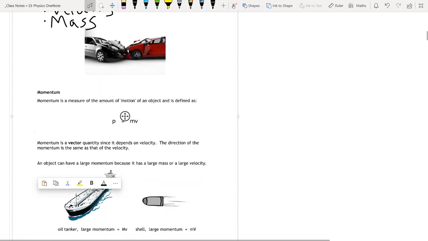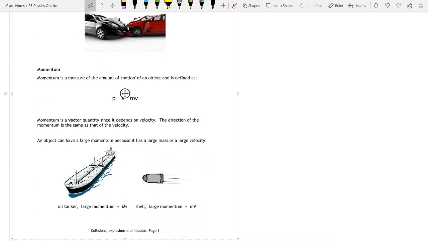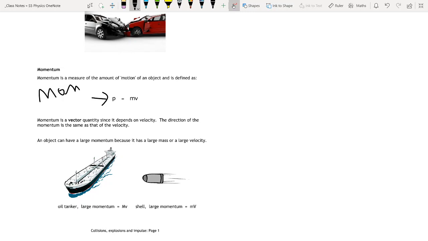Okay, so momentum is a measure of the amount of motion of an object and is defined as momentum equals mass times velocity, where momentum is P, and the units of momentum are kilogram meters per second.